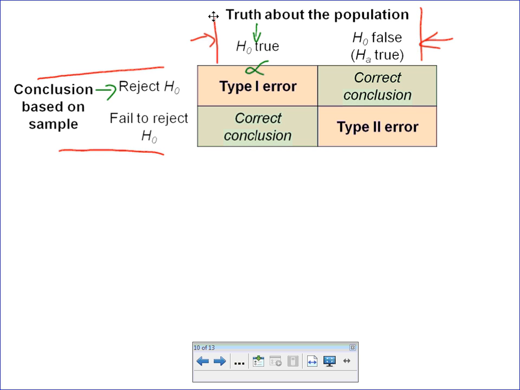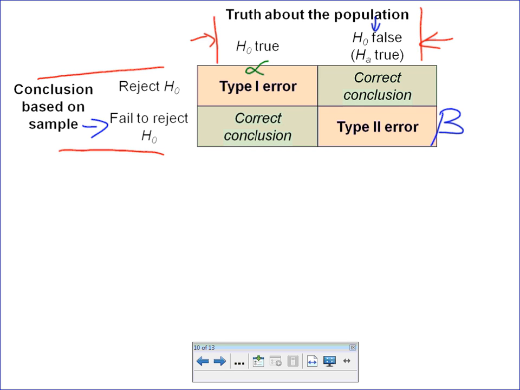There's also the chance that the null hypothesis is false, but we fail to reject it. We do not have statistically significant evidence that the null hypothesis is false, and so we fail to reject. The chance of that happening is something known as beta, and we'll get into this next video when we talk about the power of a test.